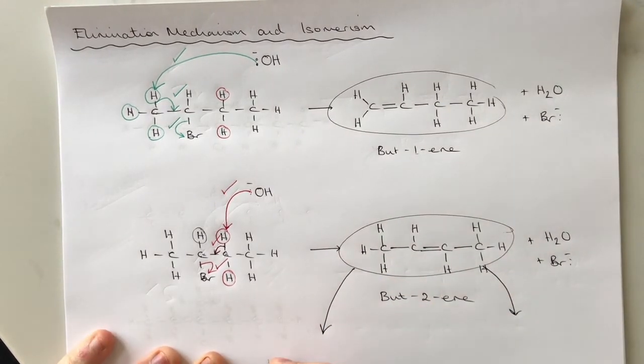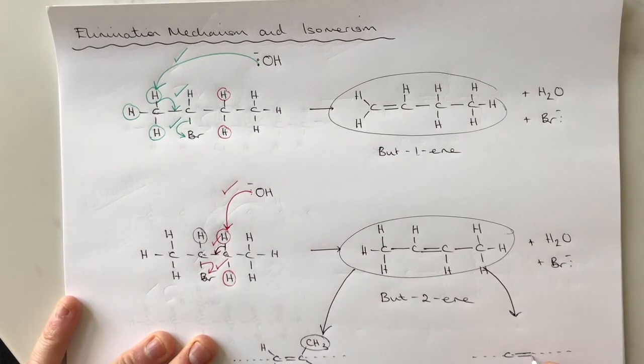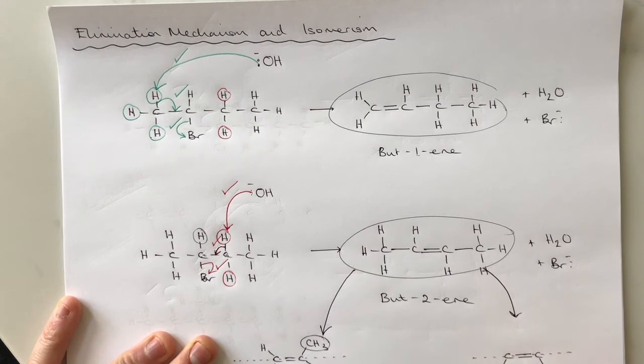I could have but-2-ene where the methyl groups are on opposite sides of one another. So here's the straight line down the middle of the molecule and my methyl groups are one up and one below. But it could also be that there's my double bond in the middle. It could be that both methyl groups end up on the same side.